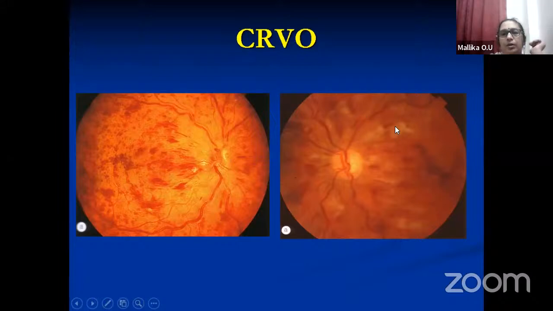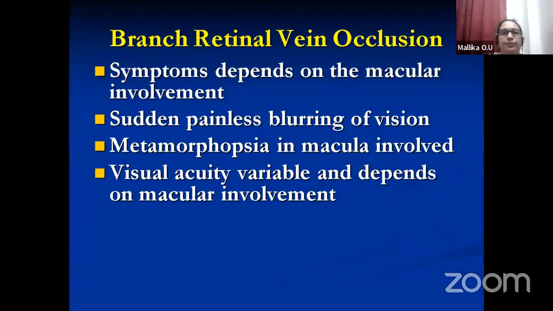In this patient, you can see these whitish lesions are more compared with the previous patient. These yellowish-white fluffy lesions are called soft exudates, and these soft exudates indirectly give a clue that the patient has an ischemic central retinal vein occlusion and needs close follow-up.